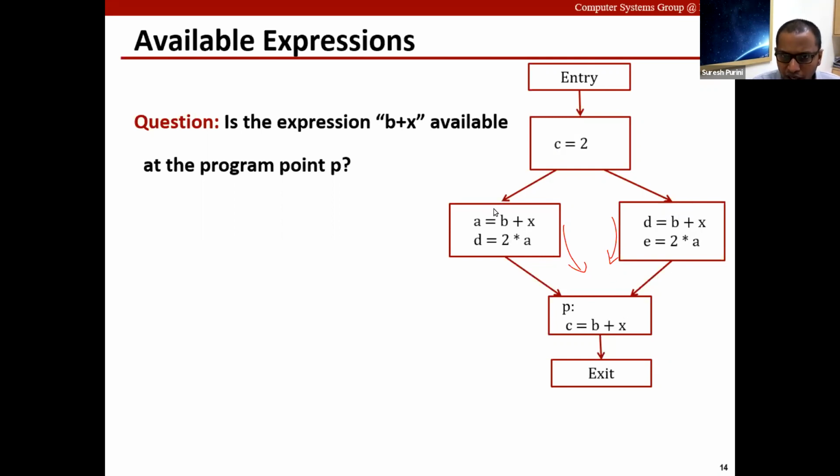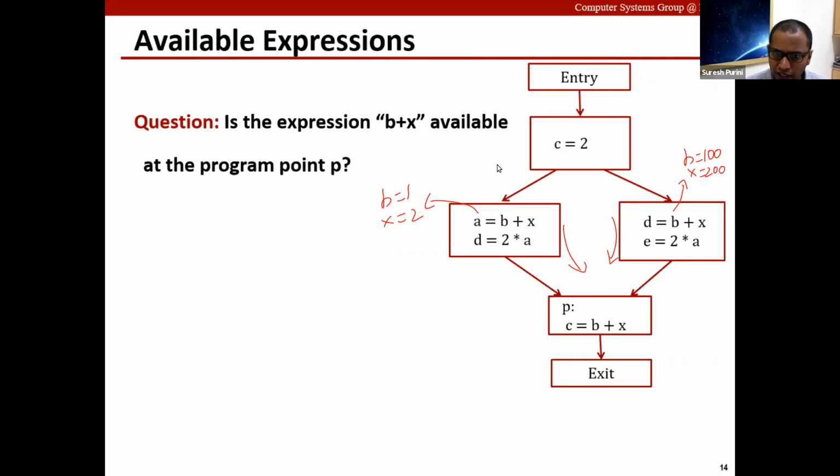For example, let's say at the beginning of this basic block, we have b is equal to 1 and x is equal to 2. And at the beginning of this basic block, we have b is equal to 100 and x is equal to 200. So the value of the b plus x expression when we come along this path is 300, and the value of the b plus x expression when we come along this path is 3. But still we can eliminate the computation b plus x here.